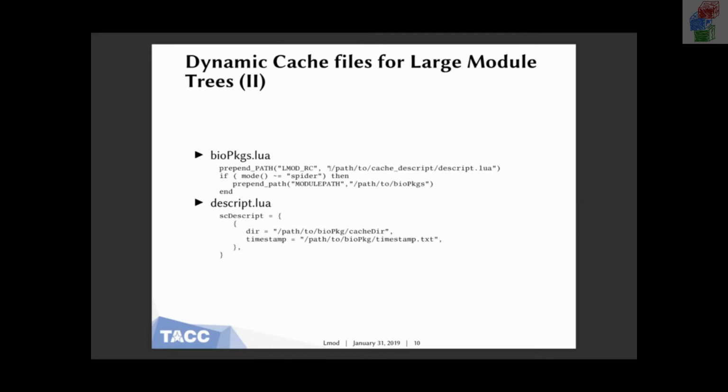The people who want all these bio package modules in these containers will see them, and when they unload this module, the whole thing disappears. So it's a nice way, if you have collections of modules that most of your users don't want to see, you can hide them. And this all works right now. No changes required to Lmod.